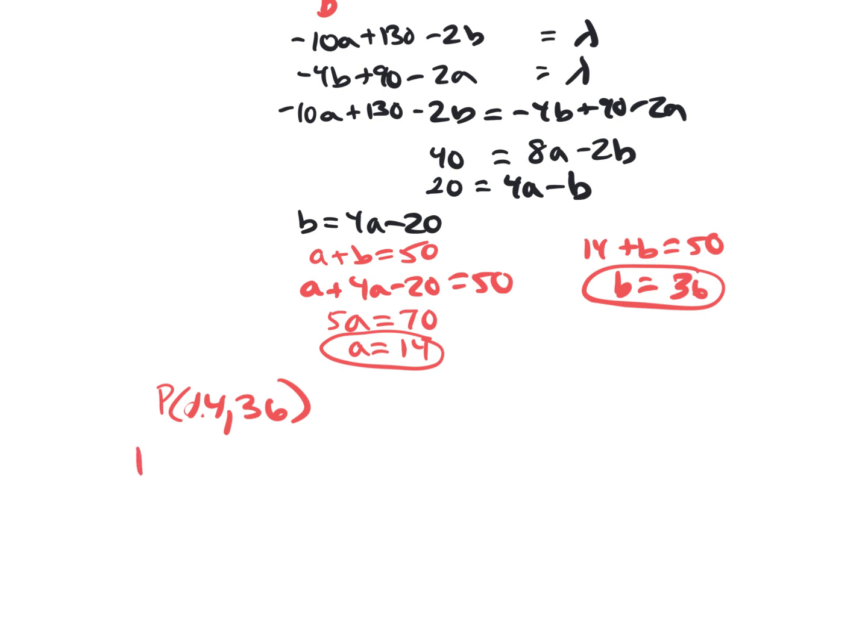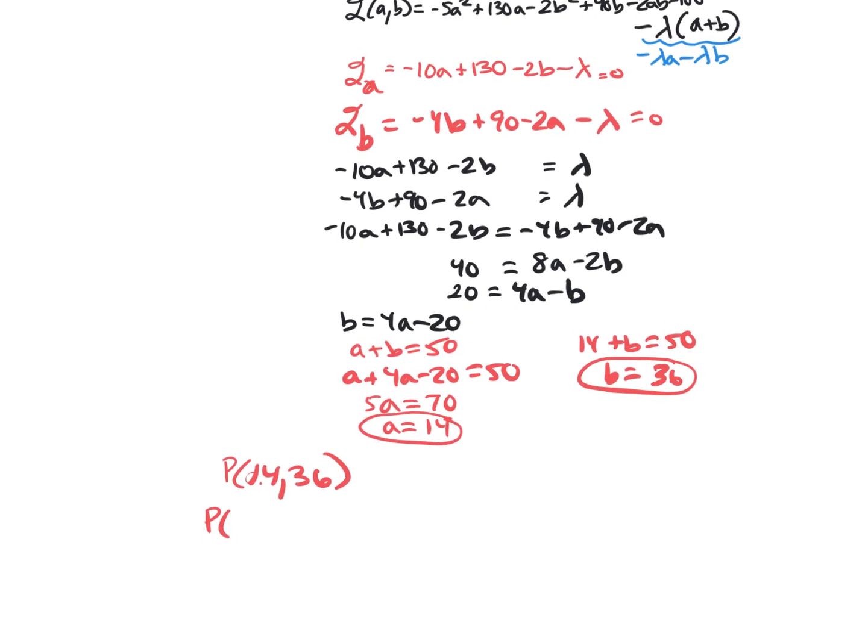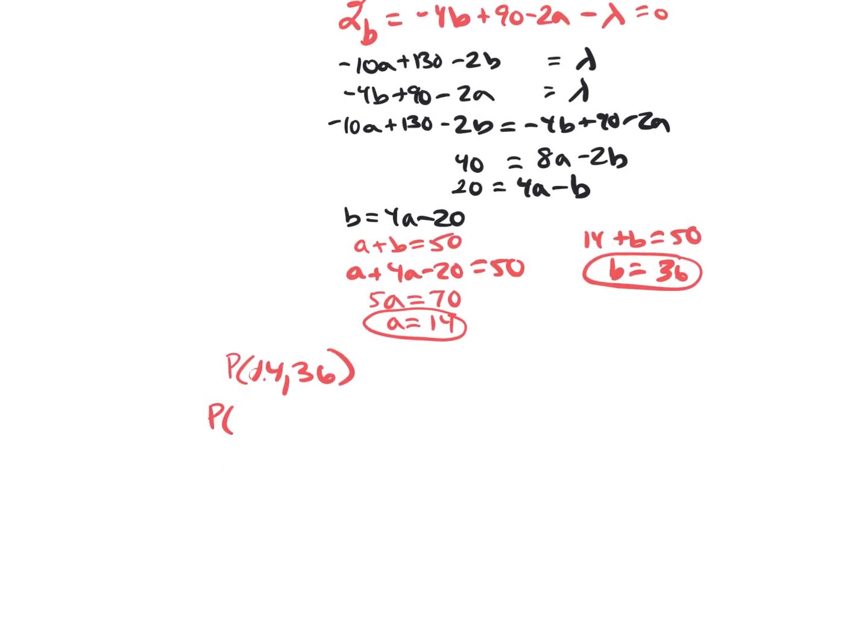The constraint was, where's my constraint equation? Oh, a plus b is 50, right. So if a is 0, then b would be 50. And the other one you can check is if b is 0, then a is 50, based on that constraint.